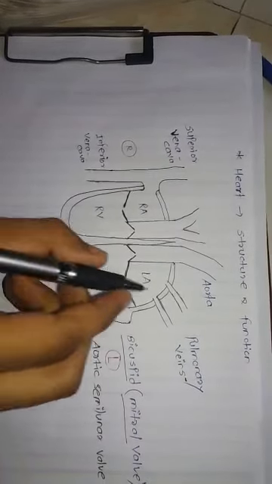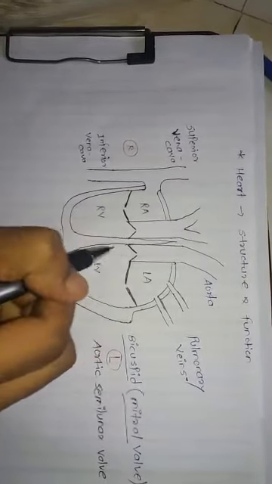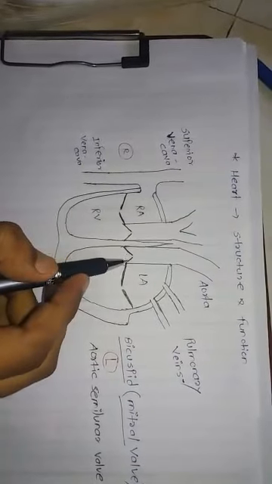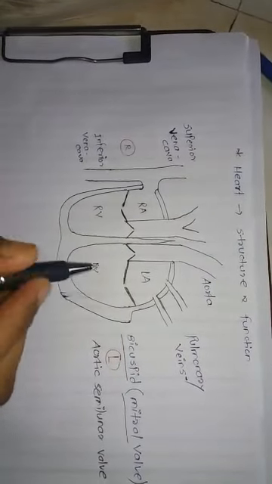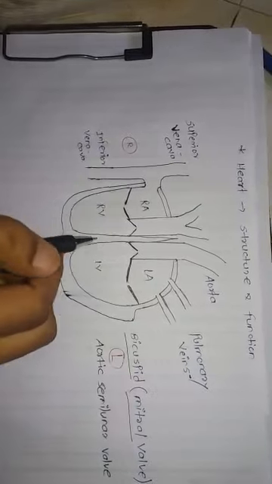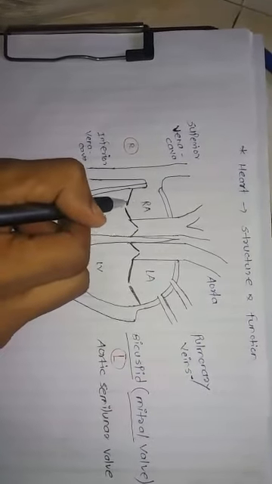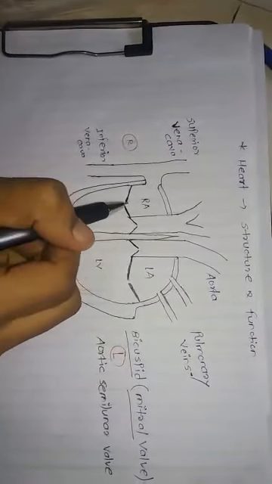Semi means half and lunar means moon, so it is half moon shaped, so it is called a semilunar valve. It is pointing upwards towards the aorta.